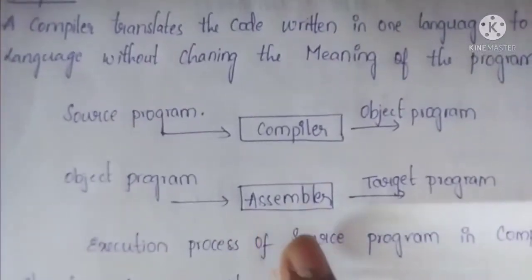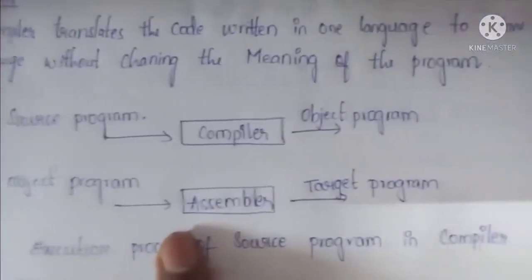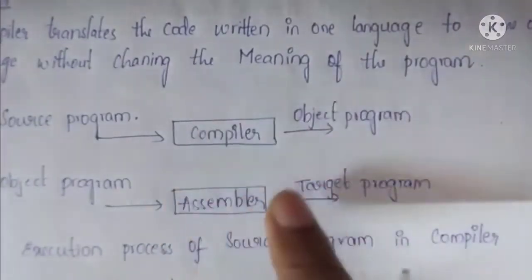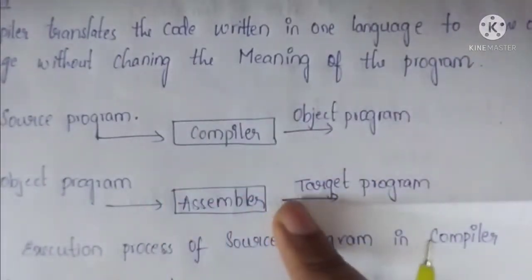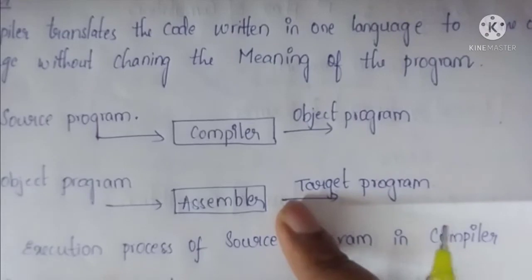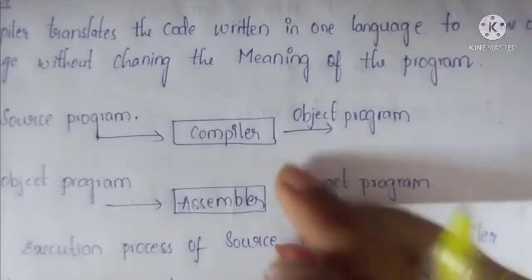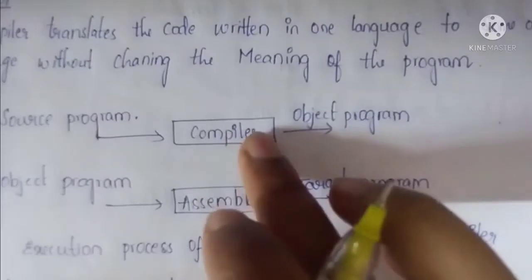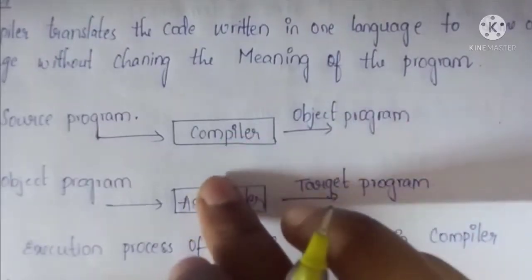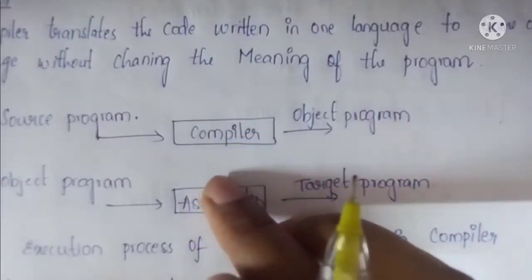This is an execution process, how we are going to execute the whole compiler process. Now we will see the main topic, that is the structure of the compiler. We are saying that the compiler is a translator to translate one language to another language. Next we will see in the translating process what the structure of the compiler is.